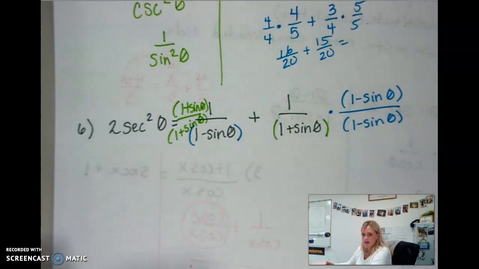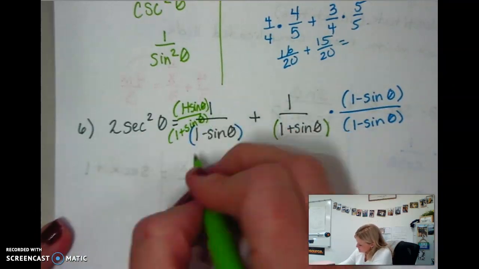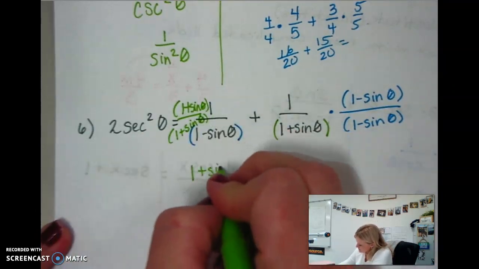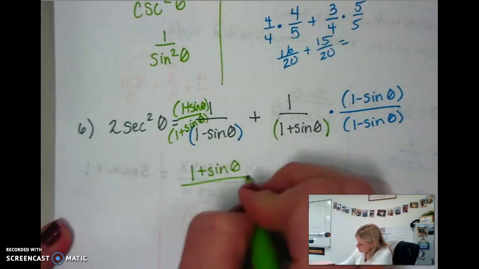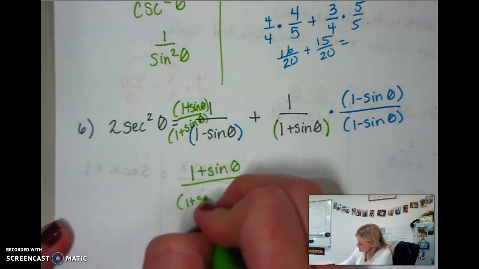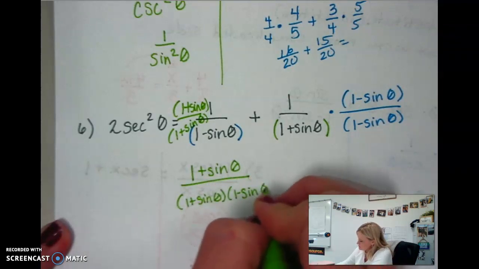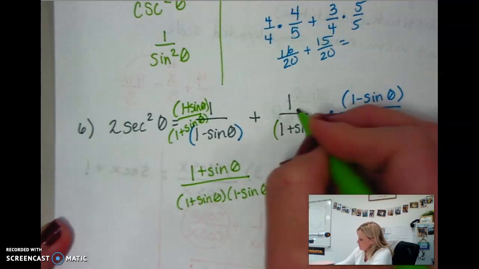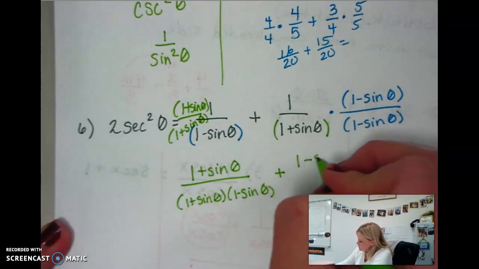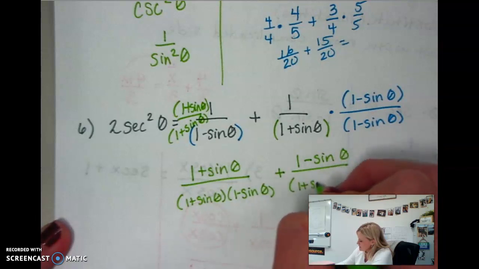So now on top, I have 1 times all of this, which is still the same, over 1 plus the sine of theta times 1 minus the sine of theta, plus 1 times all of this, which is the same, over 1 plus the sine of theta times 1 minus the sine of theta.